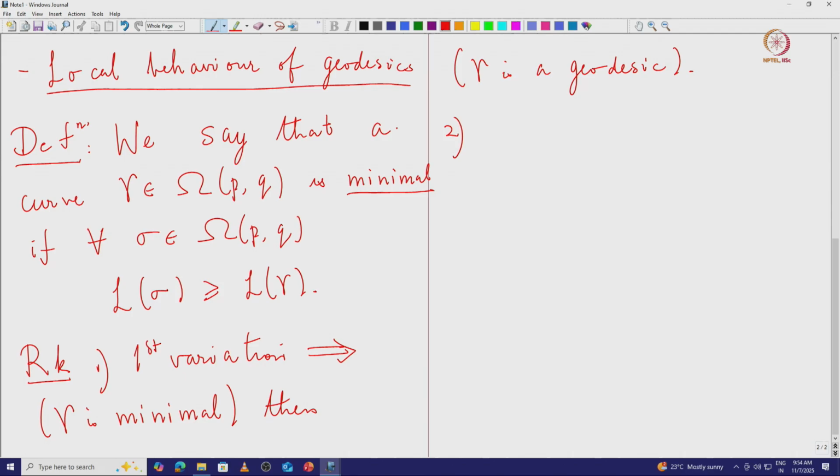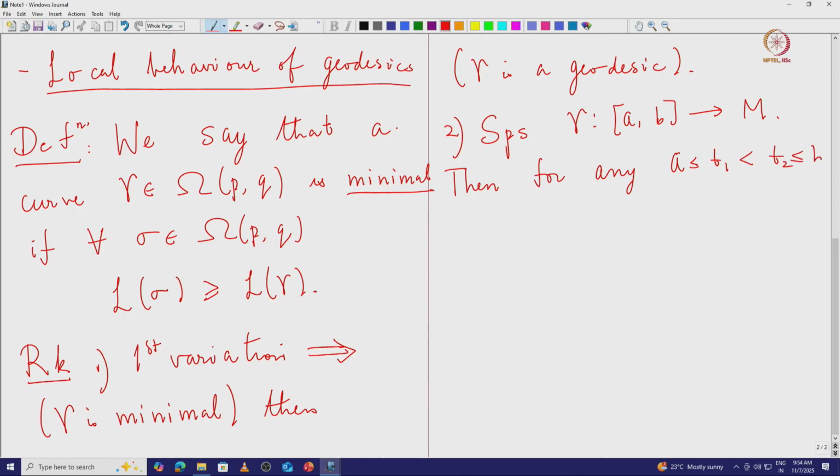The second point is that suppose gamma is a curve from a to b in M, then for any times t1 and t2, the restriction of gamma is also going to be minimal.